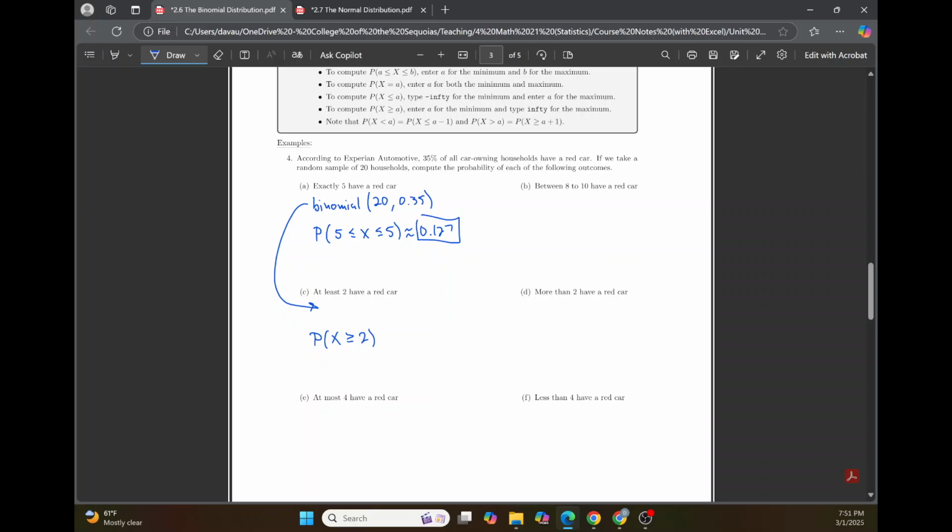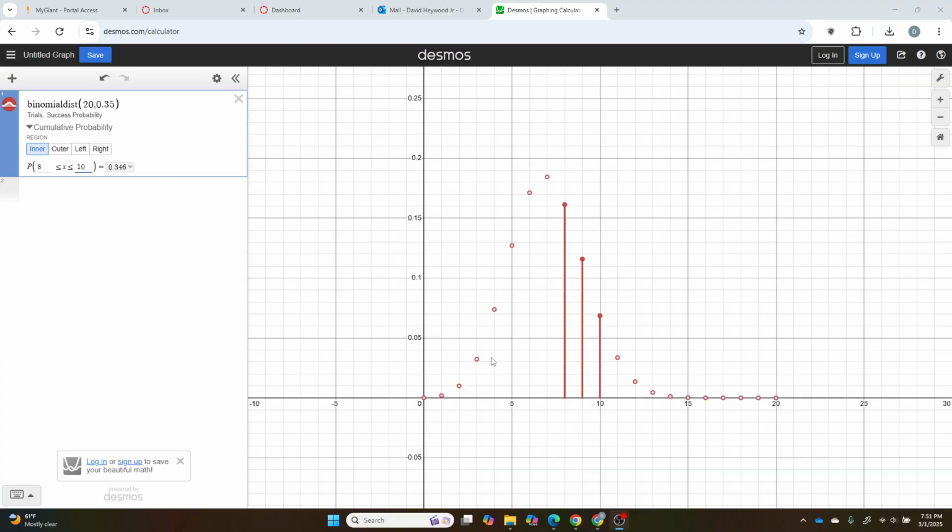And so that's exactly what we're going to want to type into Desmos. So looking at Desmos, left isn't going to do it because we want this sign to be greater than or equal to. So I think if we do right, that's what we want. And we want x to be greater than or equal to 2. Okay, so 0.9979.